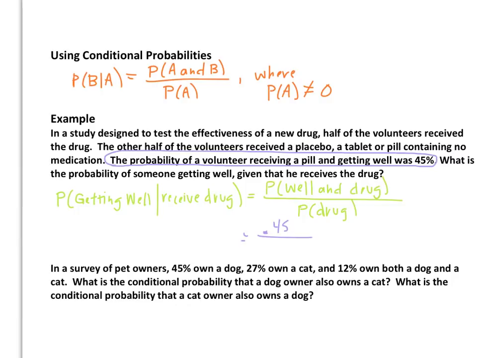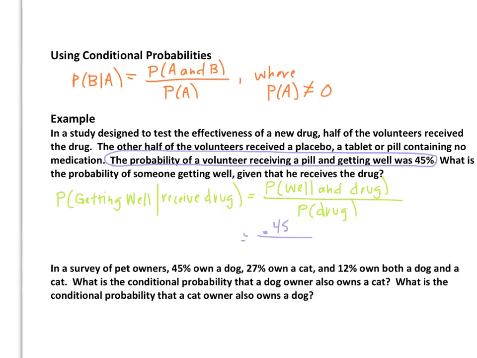All right, so this one's a little tricky. This is where we kind of need to read the problem closely and pull out some information here. So if we look back at the first sentence, it says, in a study designed to test the effectiveness of a new drug, half of the volunteers received the drug. The other half of the volunteers received a placebo. Well, half is 50%.